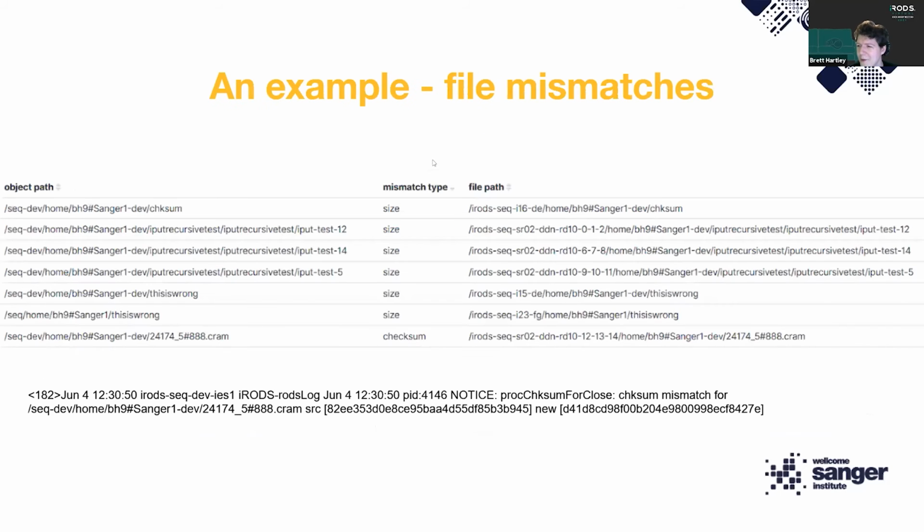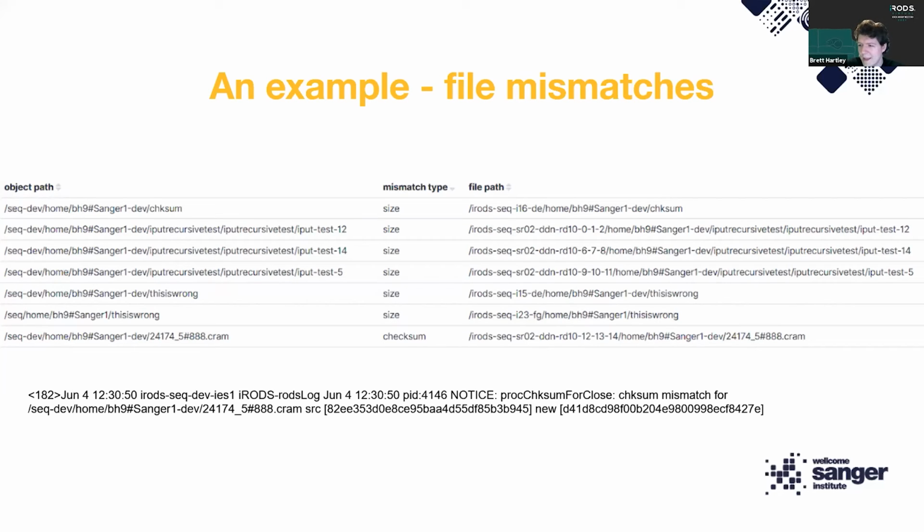The other example is file mismatches, right? Size and checksum. There's not really an easy way to prevent users from ever seeing mismatches in checksum or size, because it just happens. Any sort of minor change to your file can make that happen, and they're bound to happen at the scale that we're working at.